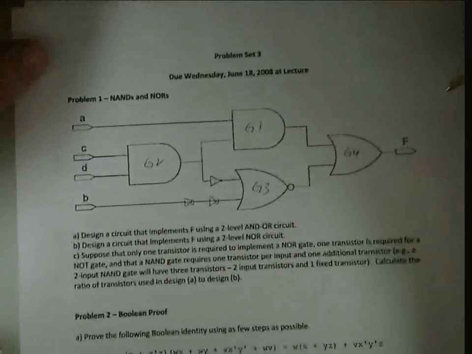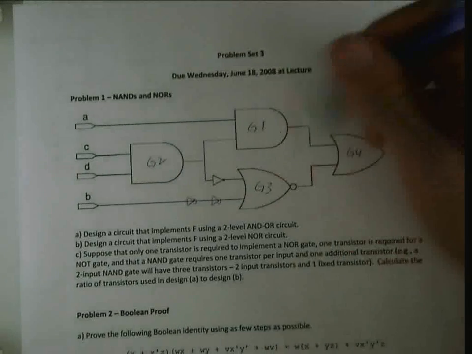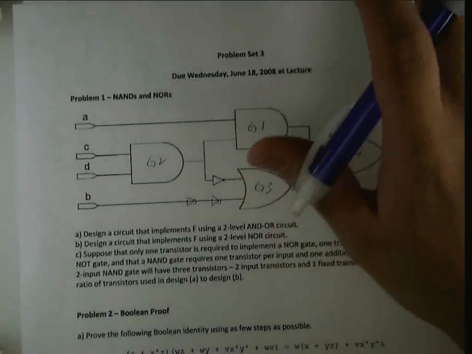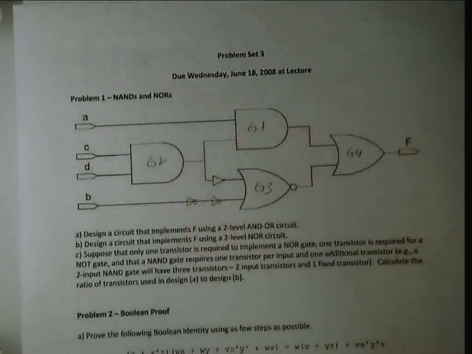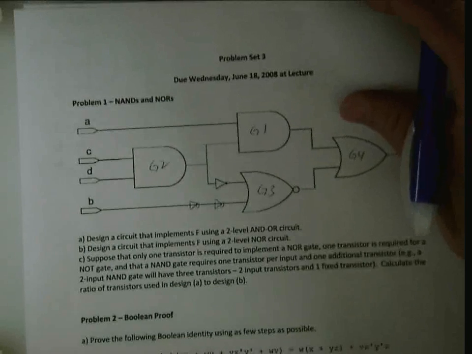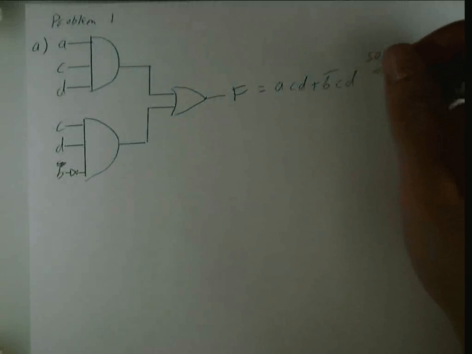We have one of two approaches we could try. One approach, which I'm never a terribly big fan of, is trying to convert this directly into a two-level NOR circuit by changing gates around. I'm basically going to be plugging in lots of transistors, or NOT gates, and pulling them out, and that just doesn't seem like a lot of fun. So rather than do that, let's focus on this.